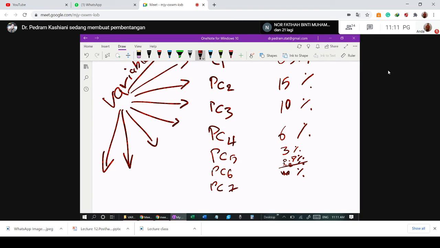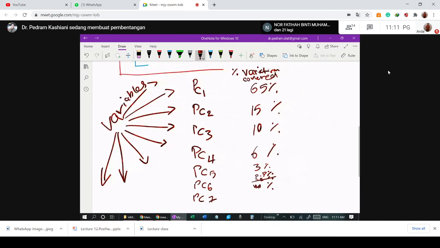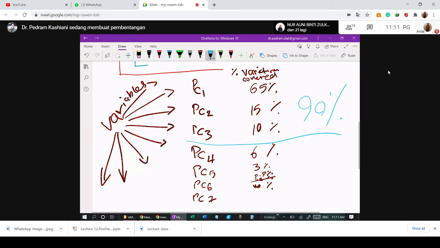So now it says that if you want to look at the variation in the data, you only look at the first 3. Forget about the rest, because the first 3 give you 65 plus 15, which is 80, plus 10 is 90. 90% of your variation is in these 3 PCs. So don't forget about them.